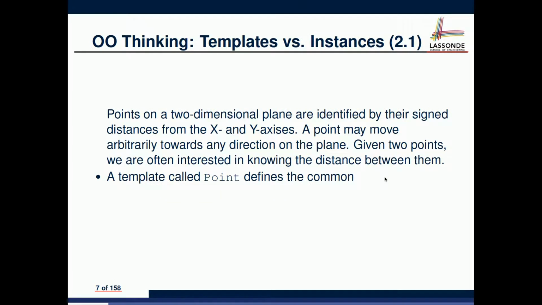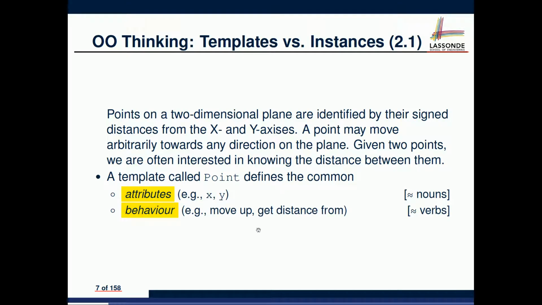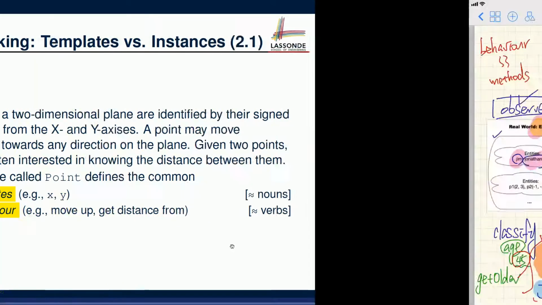So now we can define a template which will characterize all the two-dimensional points. What will be the common attributes and behaviors? The common attributes can be x and y, identified by the nouns, the x and y axis. And then they also have common behavior. How do they move up? If you want to define the way you move up, let's do a very simple illustration first of all.